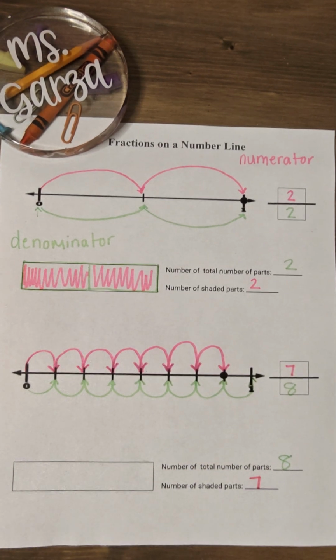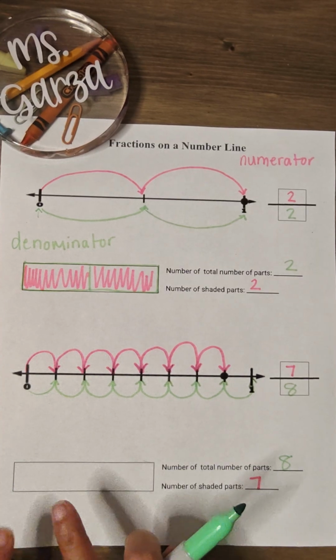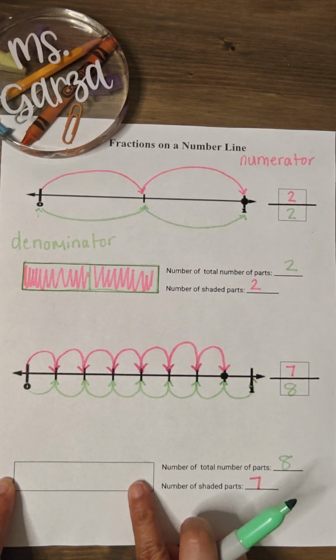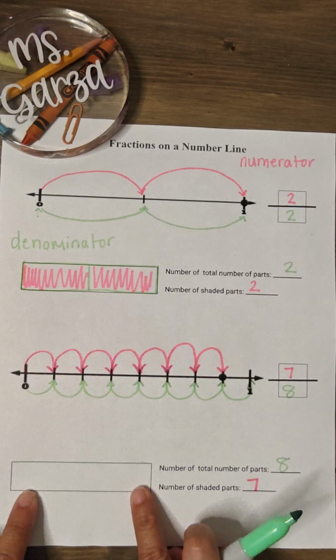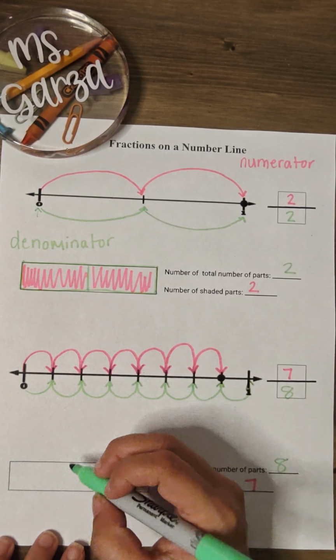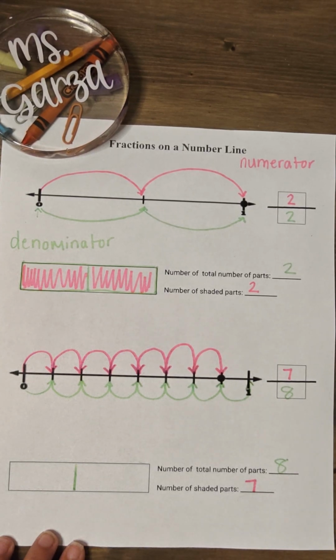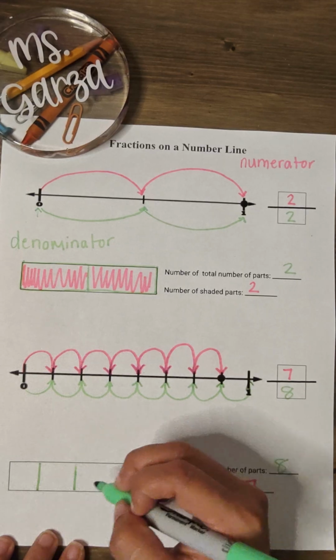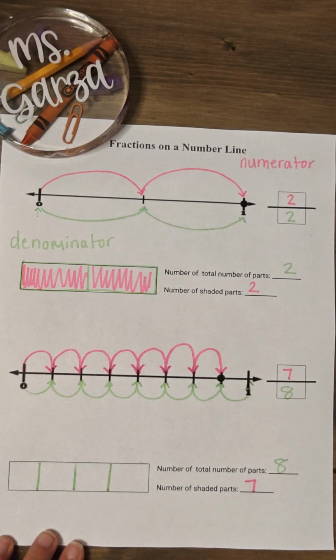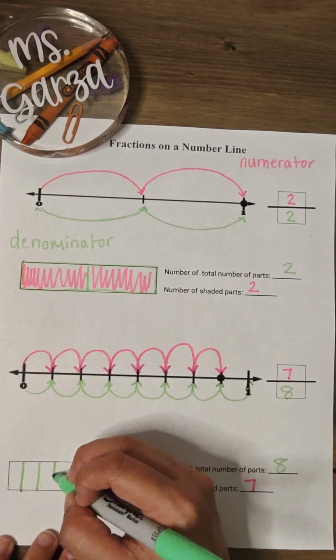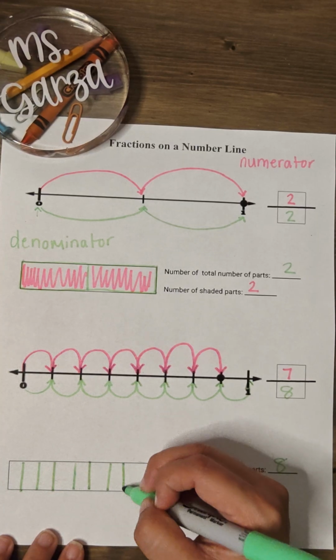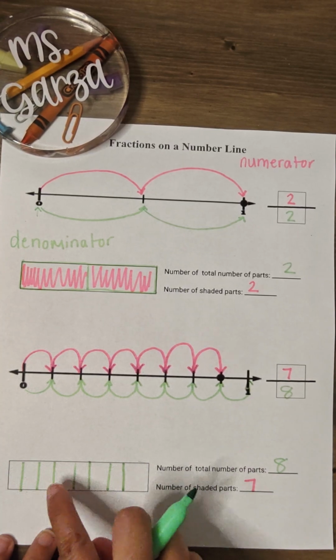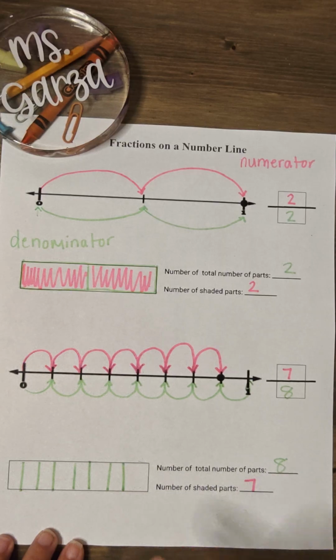Okay. So now I'm going to first represent my denominator on this fraction strip. I'm going to start with 2 parts, 4 parts, 1, 2, 3, 4, 5, 6, 7, 8 whole parts.